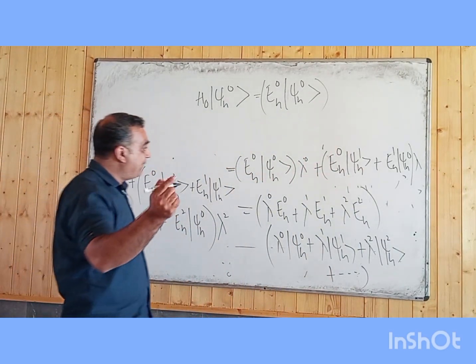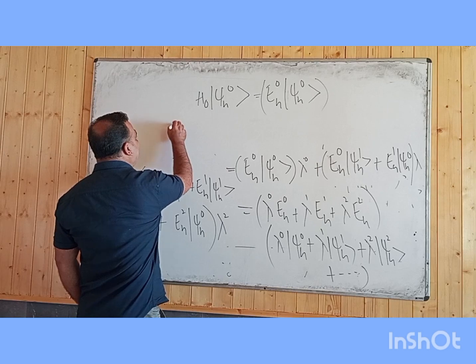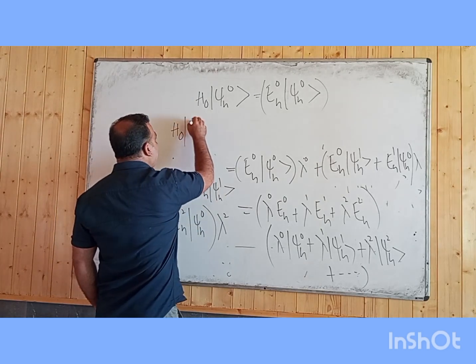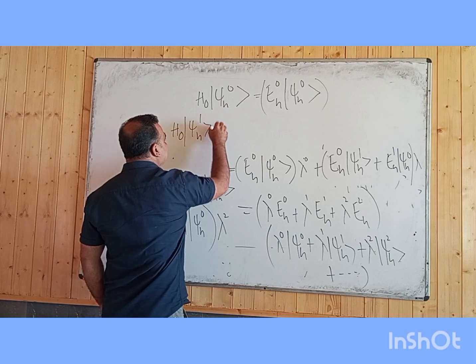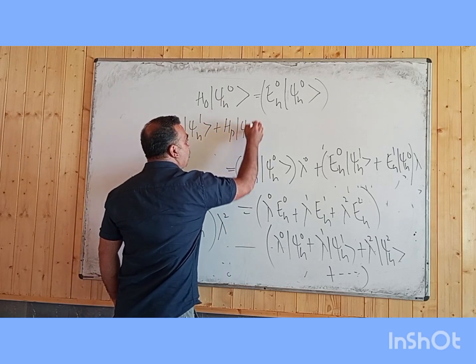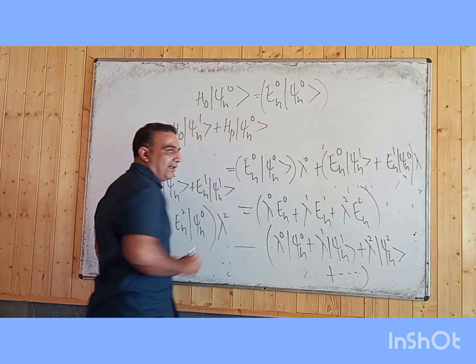In the left hand side it is H naught psi n 1 plus HP psi n naught. Don't commit any mistake here. Is he right?